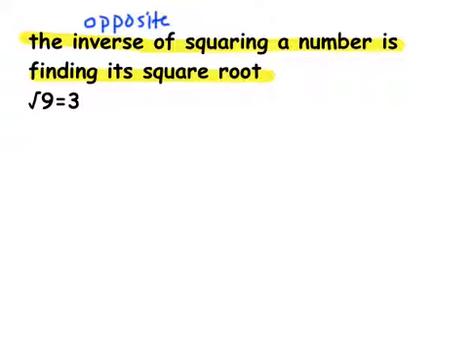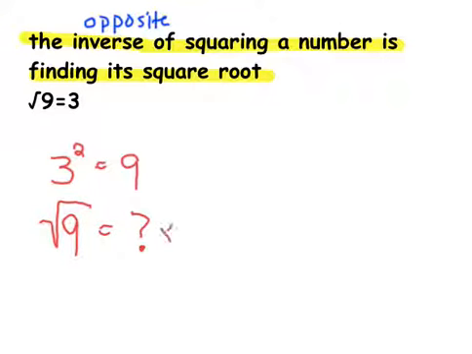And what that means is here, 3 squared, that's 9. The opposite would be the square root of 9, which means what number times itself would equal 9? Your answer is 3.